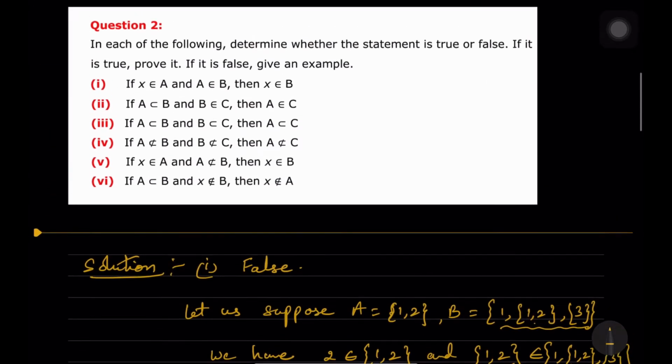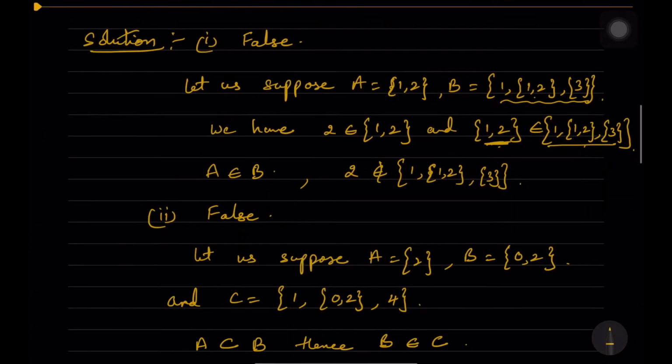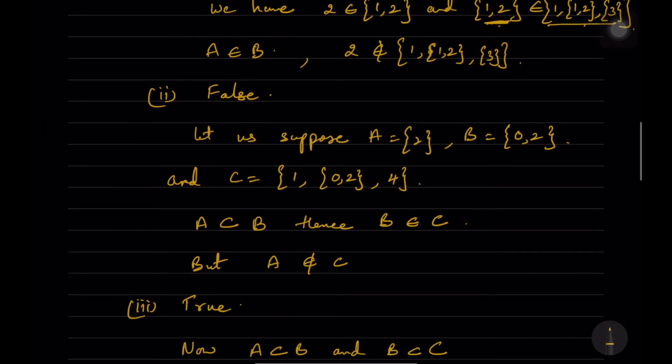Now going into the second one, if A is a subset of B and B belongs to C, then A belongs to C. So now this is also false. Why? We'll see. So let us suppose that A is equal to {2} and B is equal to {0, 2} and C is equal to {1, {0, 2}, 4}.